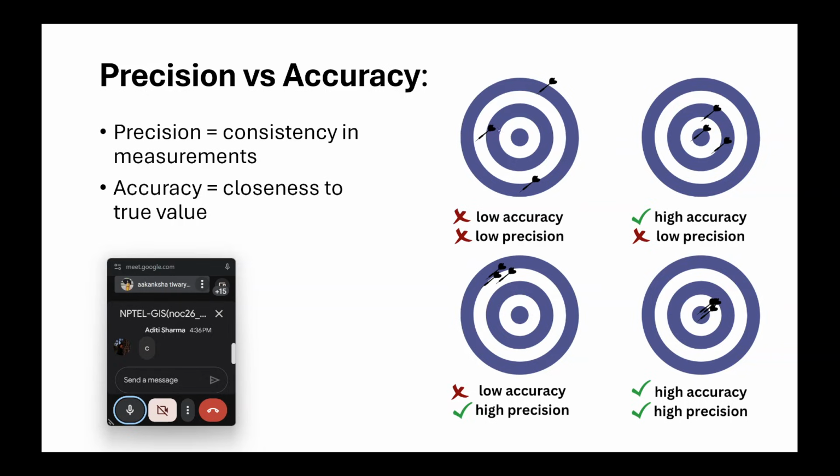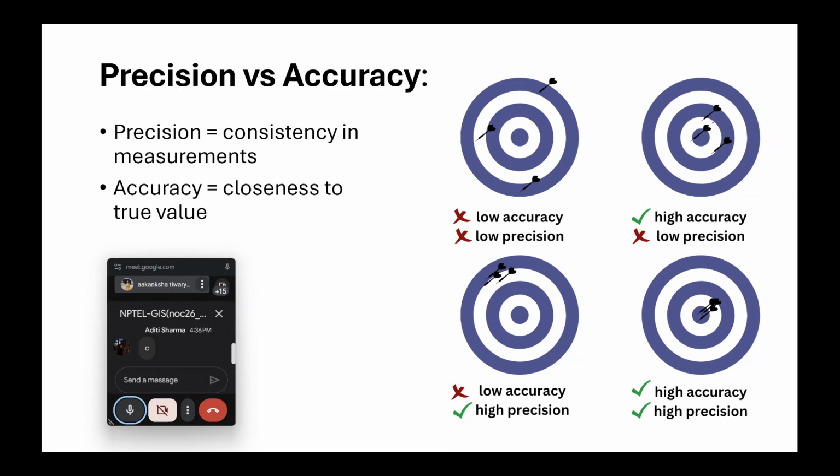They are far away from the center point, so they are neither accurate nor precise. Precise means the measurements you are taking are very close to each other, and accurate means they are close to the true value.